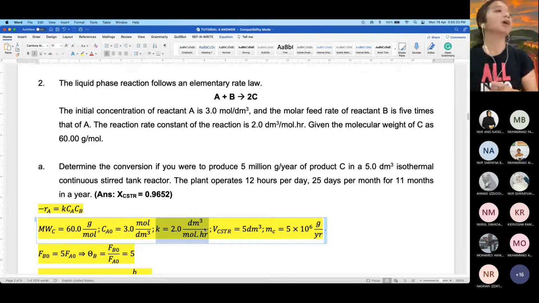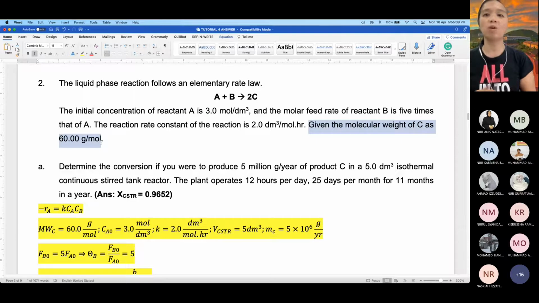Okay, so it's 2. Next, dia kata, given molecular weight of C as 60 gram per mole. So, dia beri kamu molecular weight, which is a bit weird. Okay, mungkin, of course, kita akan guna kemudian, tapi kita ambil dulu information tu, dia beri kita molecular weight of C. So kamu tahu kan, molecular weight dia unit dia adalah gram per mole.